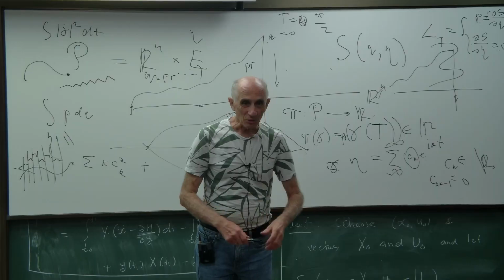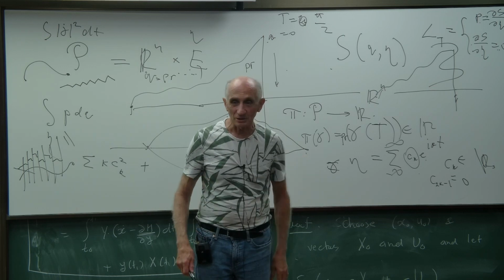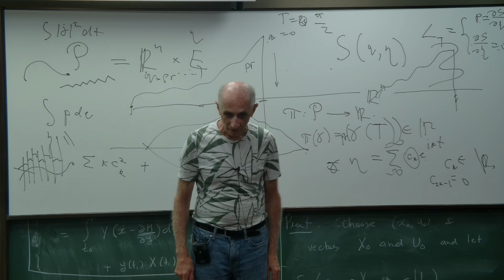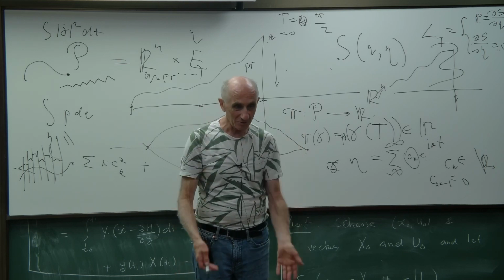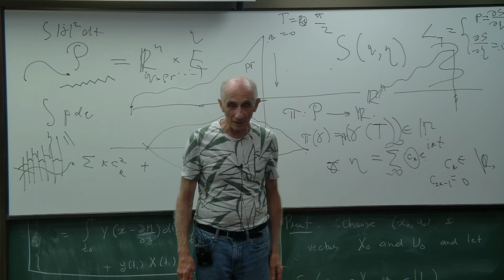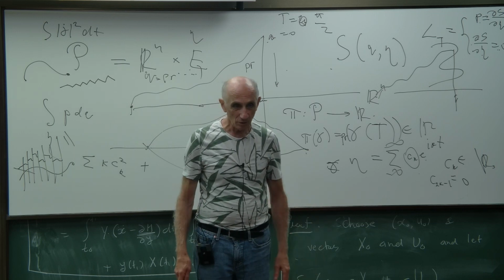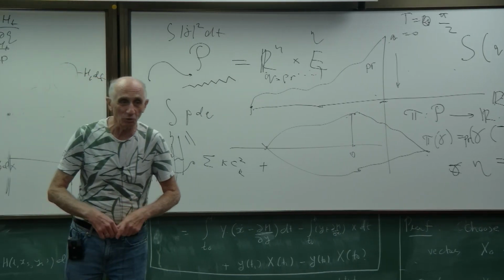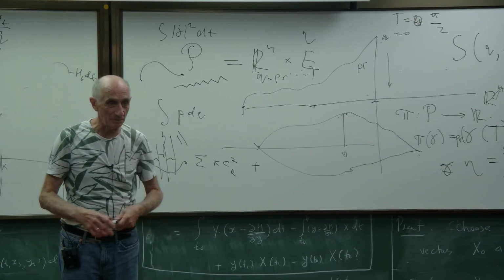Okay. So in principle, the question is why we care about Rn and not doing the same thing for any symplectic manifold. Suppose you have a Hamiltonian isotopy on any symplectic manifold.